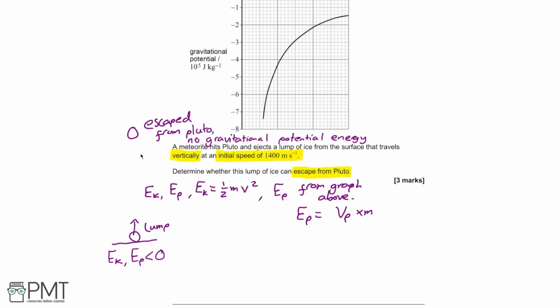So therefore, I must have at least enough kinetic energy to convert into gravitational potential energy so that I can escape.